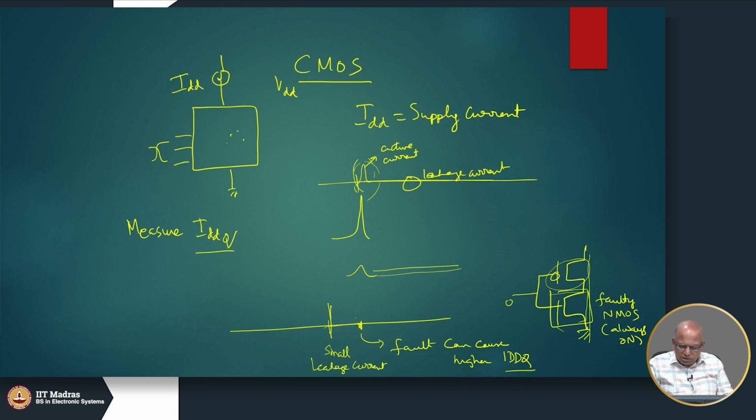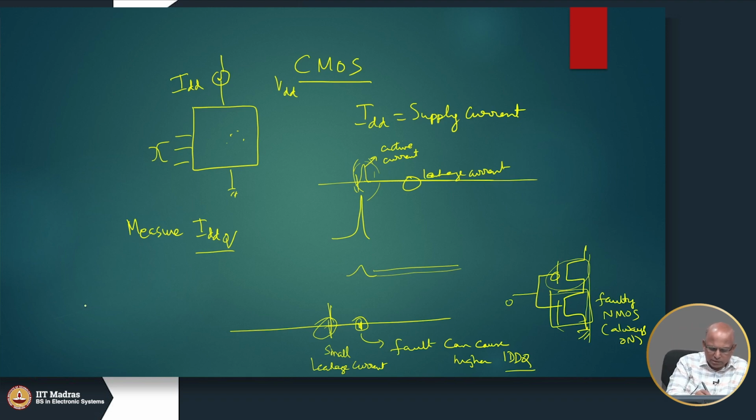We expect it to be a small value, but if you are observing a large value, you can conclude that there is something wrong. It could be a bridge fault, it's difficult to say what is wrong, but definitely something is wrong. So we can use that also to reject bad chips.